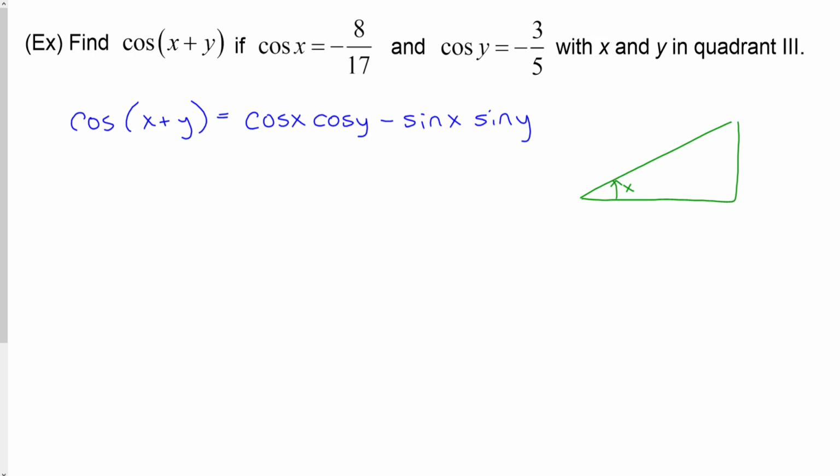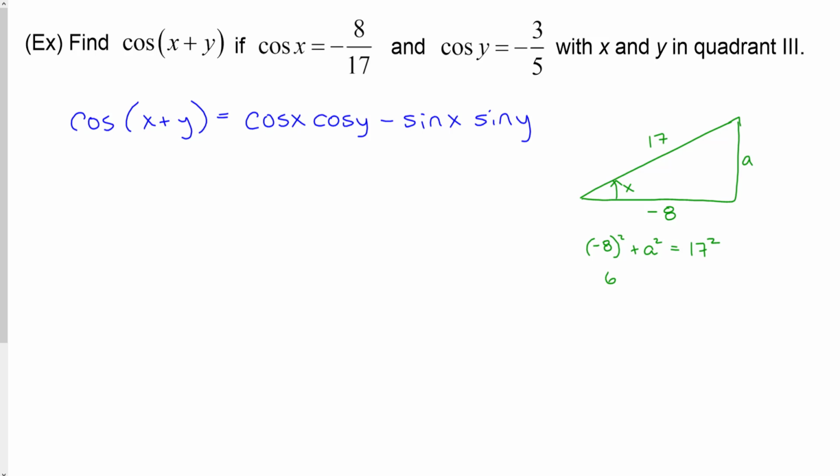We know cosine is the adjacent side over the hypotenuse. So this would be like negative 8 and 17. So we can find this distance, which I'll call a, by using the Pythagorean theorem. So negative 8 squared plus a squared is equal to 17 squared.